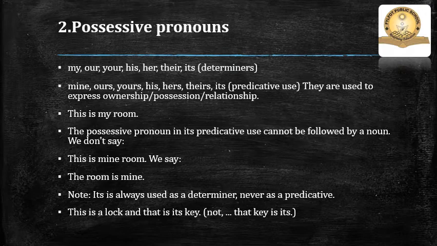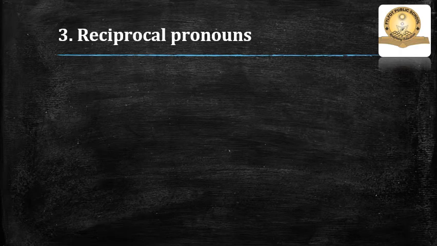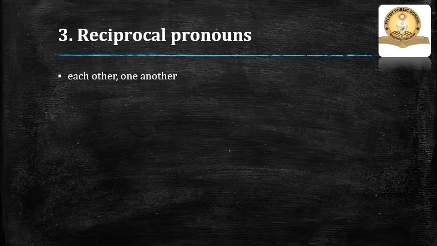So let's come to another topic, another point, which is your reciprocal pronouns. Each other. Reciprocal shows something which is being given and taken. Reciprocate: it is going and then coming back. So each other, one another. What do reciprocal pronouns show?